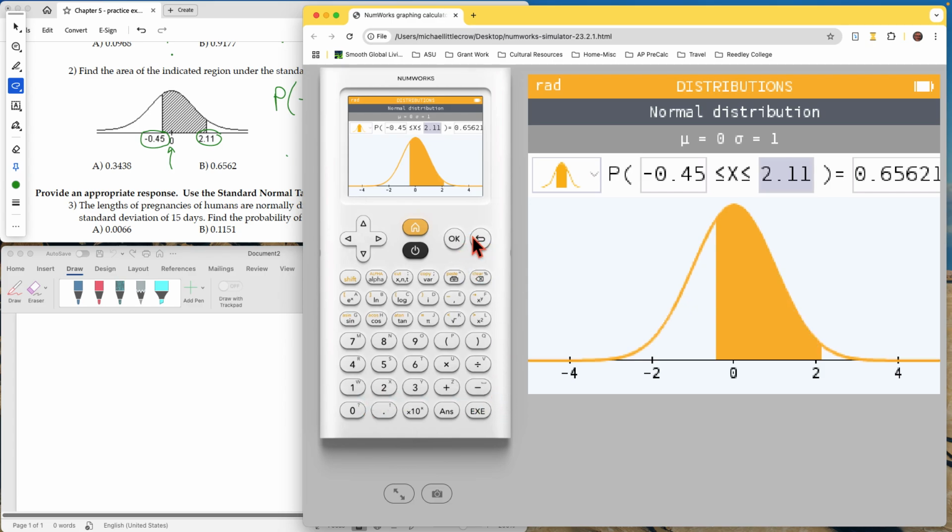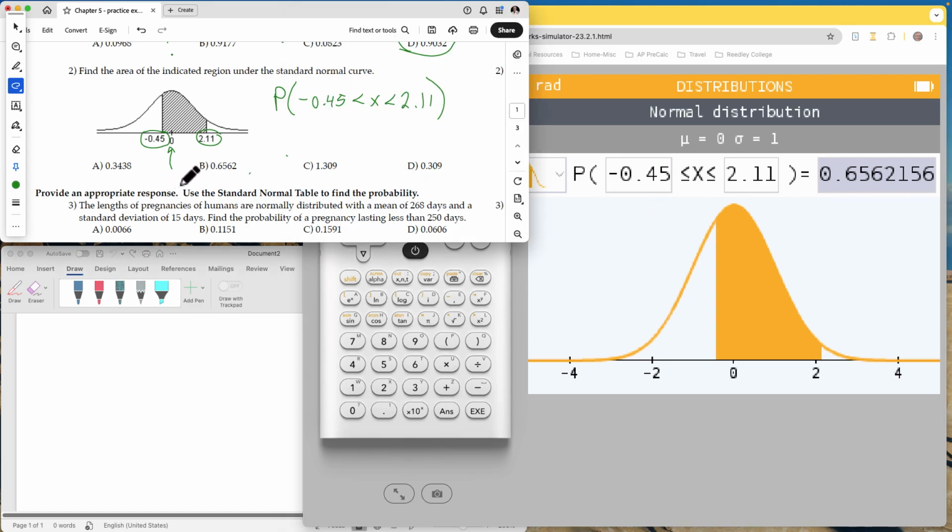We hit OK, and you can see we're matching the area of our picture, with the right shadings and everything. So our answer is 0.6562.